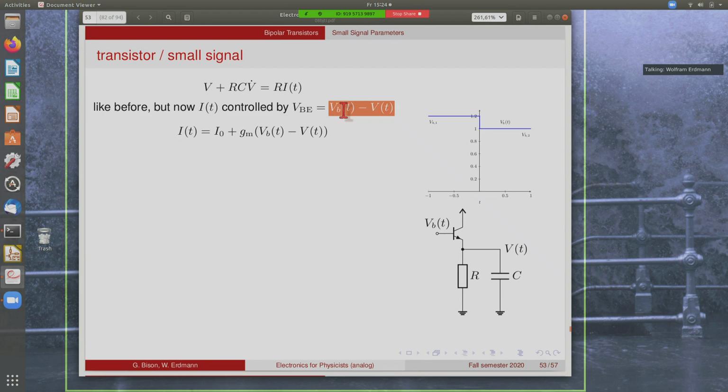So the base emitter voltage now becomes time dependent. It's the difference between the base potential shown here minus the voltage at the output. And because it's a transistor, we can write the current as the current at the working point plus, now we use the small signal parameter Gm times this voltage difference, the base emitter voltage.